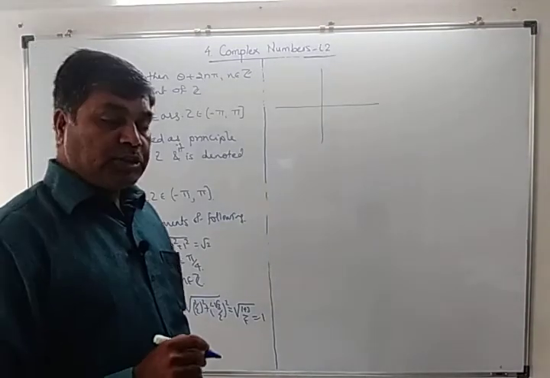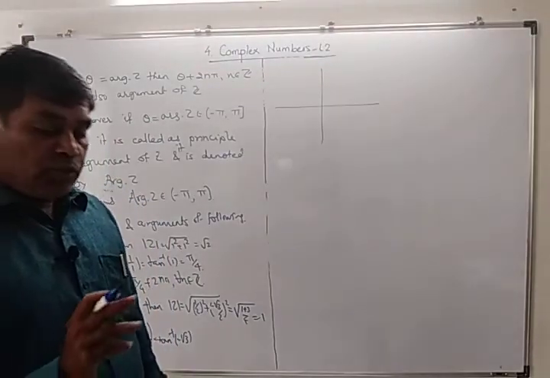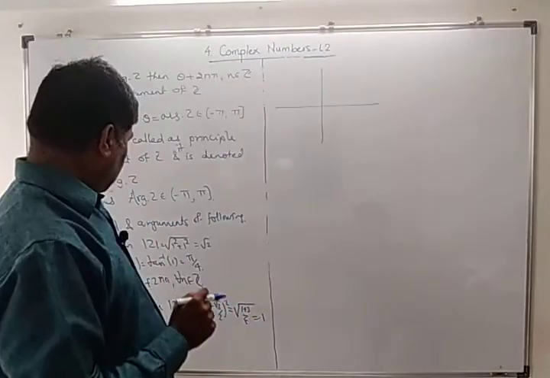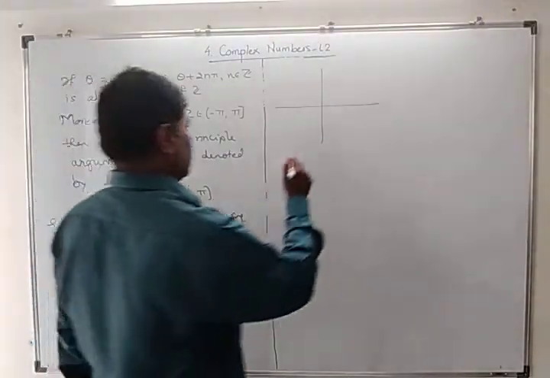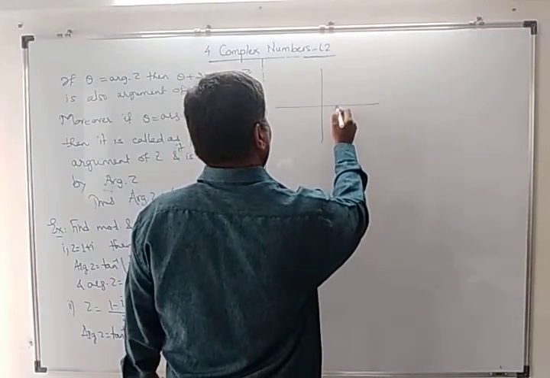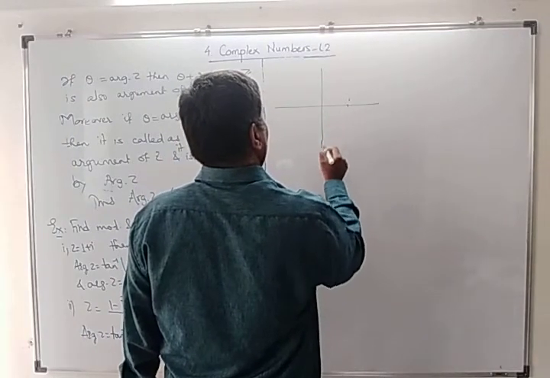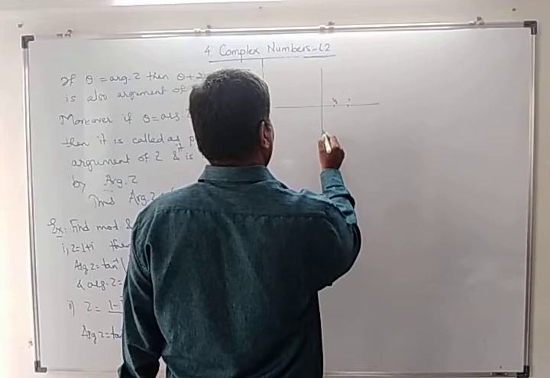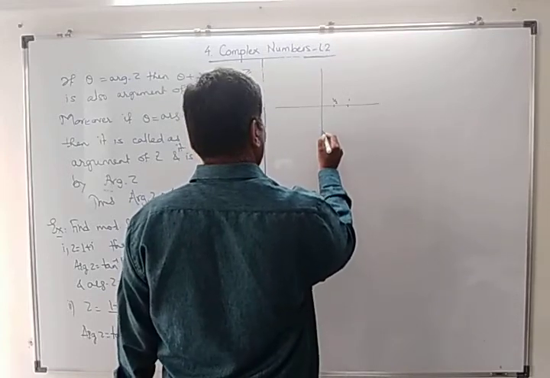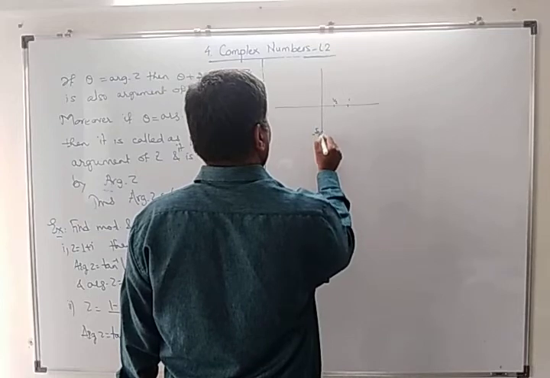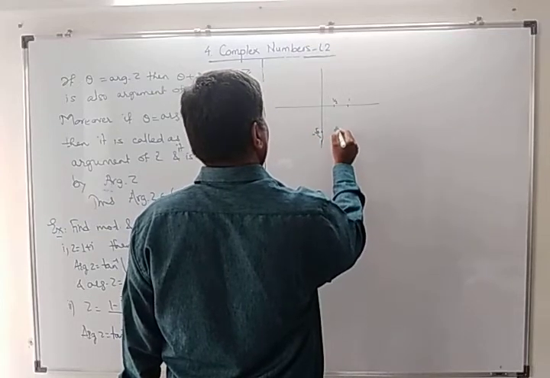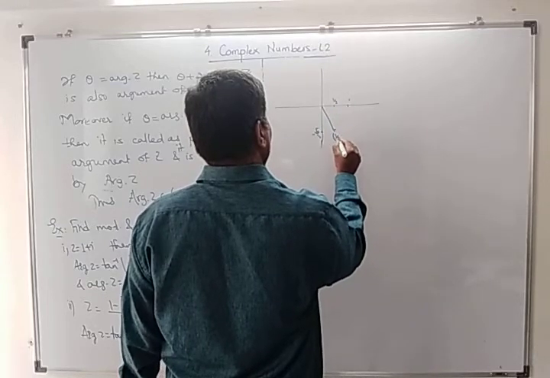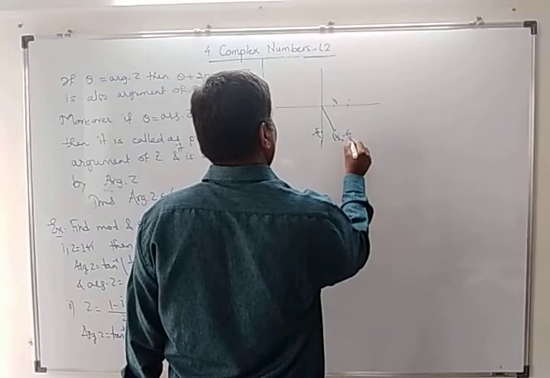So a is positive, b is negative, means your ordered pair (a, b) lies in the fourth quadrant. So this is 1 and then this is half. Then this is minus root 3 by 2. This is your complex number half minus root 3 by 2.